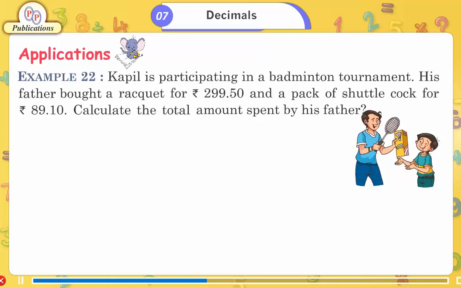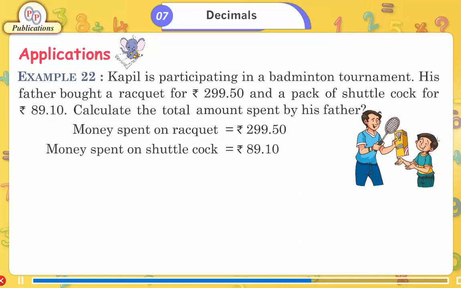Example 22. Couple is participating in a badminton tournament. His father bought a racket for rupees 299.50 and a pack of shuttlecock for rupees 89.10. Calculate the total amount spent by his father. Money spent on racket is rupees 299.50.